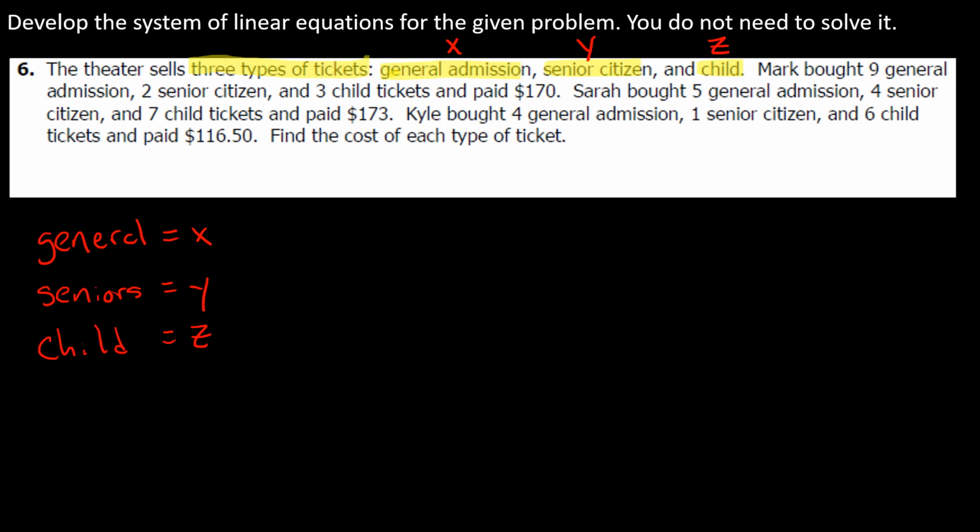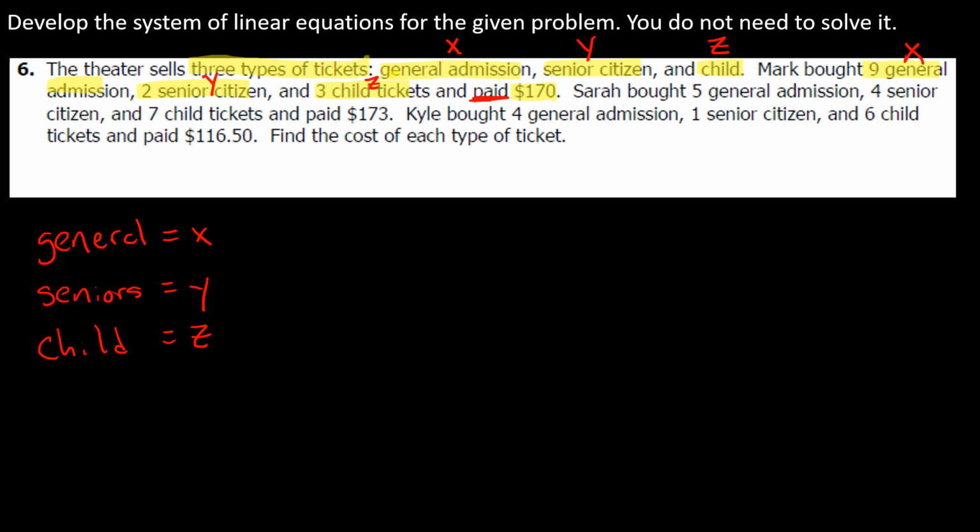It says Mark here bought 9 general admission, 2 senior citizen, and 3 child tickets, and paid $170. So a lot of this information is built into that sentence there. So it's really 9x and 2 senior citizens. Well, senior citizens we said was y, so 2y, and 3 child tickets, which is z. And paid, this is usually going to end up being our equal sign when we're talking about money.